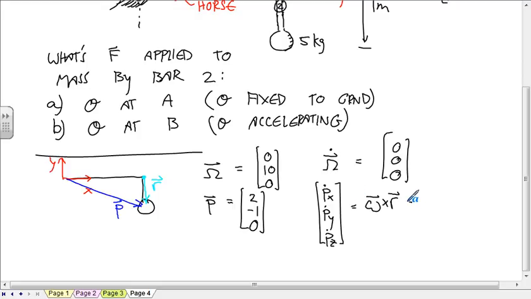So if you calculate this, our omega is negative 20, 0, 0, and our r vector is 0, negative 1, 0.